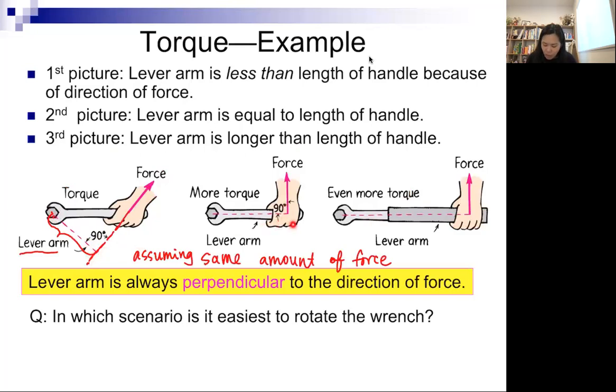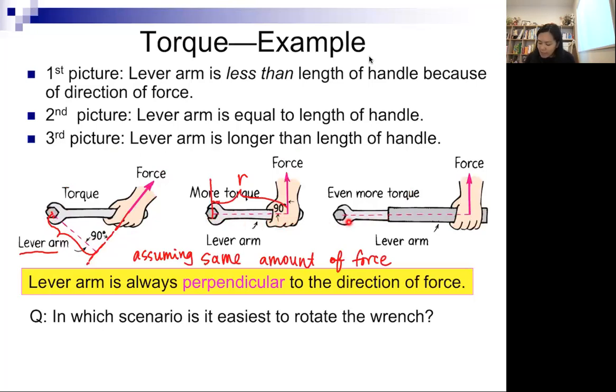In the second scenario, the force is being applied perpendicularly to the handle of the wrench. So this distance between the force and the pivot point is the lever arm, R. Just roughly comparing the length of the lever arm in the second case and the first case, you can already see that the lever arm in the second case is longer.